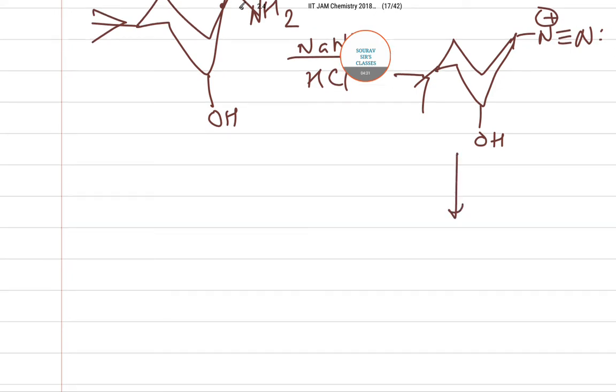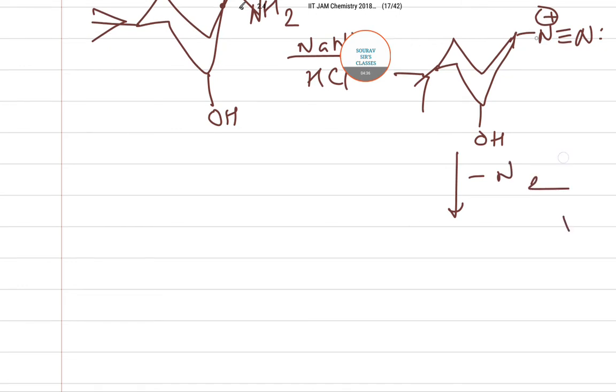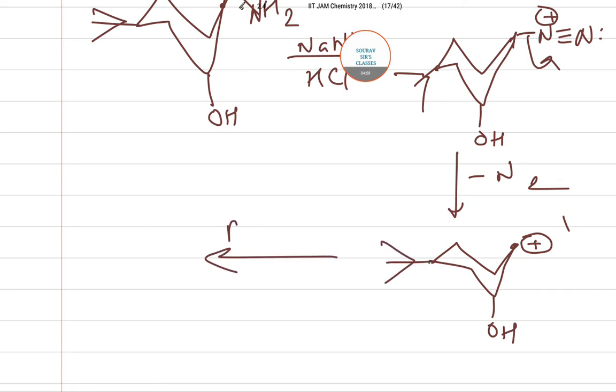So this, when followed by the loss of N2, the bond is taken away by N2, so a positive charge develops here. A positive charge develops at this point, and OH is here, and this upon rearrangement will also give the product P, which looks like this, CHO.